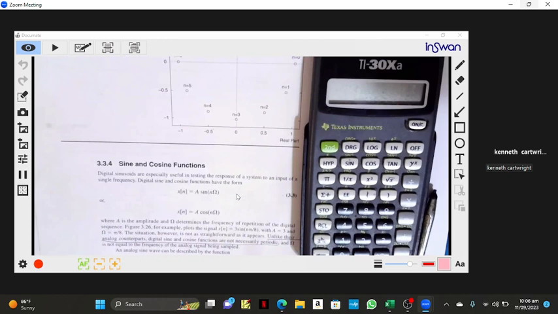What makes a digital signal a digital signal? You have a specific time and specific value.